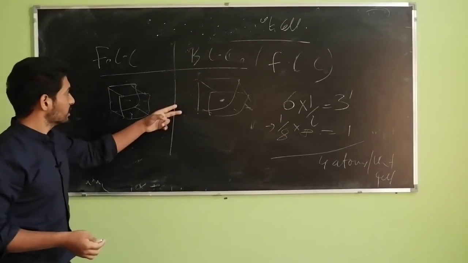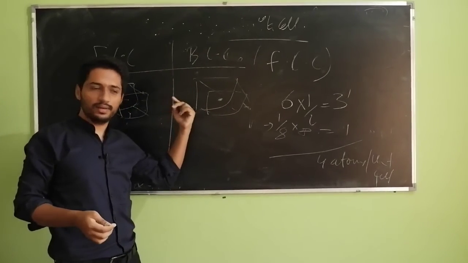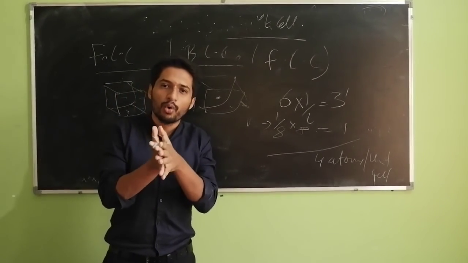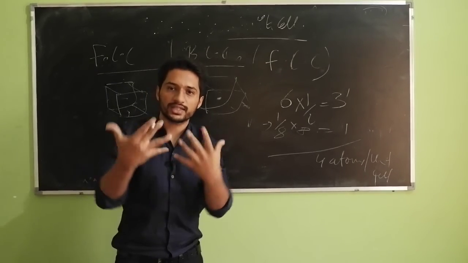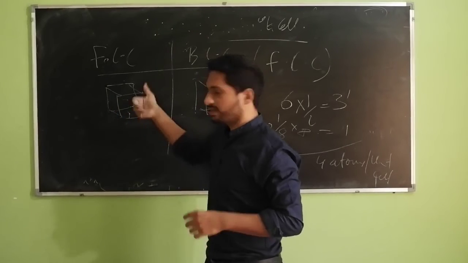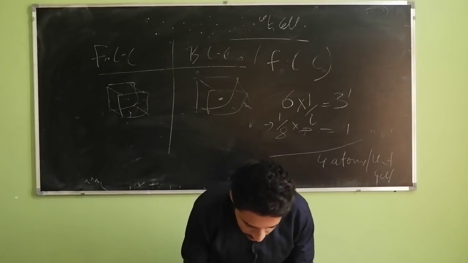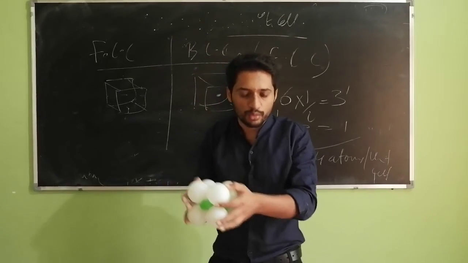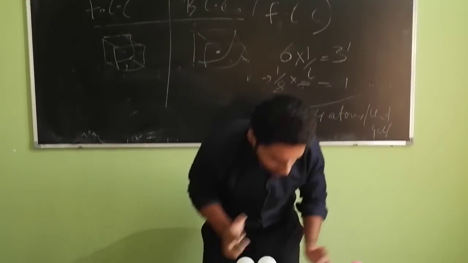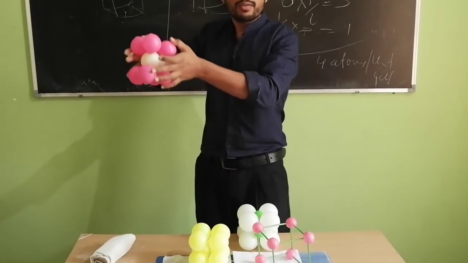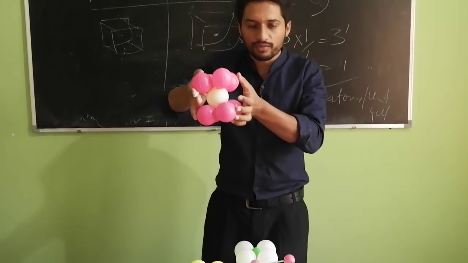Due to this, FCC are easier to mold. They are more ductile, because the atoms are present at the face centers. When I put pressure, it is easier to mold compared to BCC, because in BCC we have an atom at the center of the body.